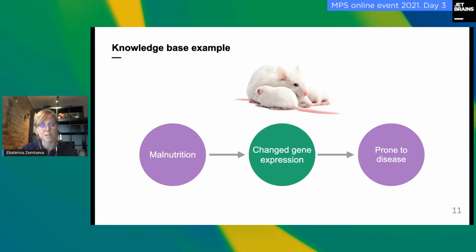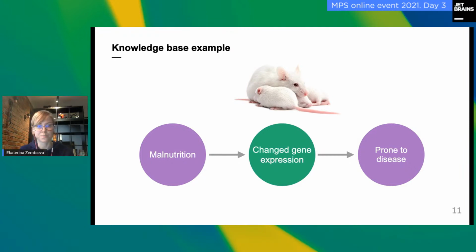The exposure to malnutrition in the intrauterine period, it is simple to say before birth, is leading to growth restriction and changing the expression of one of the genes of the pancreas, which is also leading to abnormal development of pancreatic endocrine cells, and which is leading to diabetes in adulthood. So this simple example showed us that we can link different processes from different areas. And also we can find a connection between malnutrition in the intrauterine period and diabetes in adulthood.